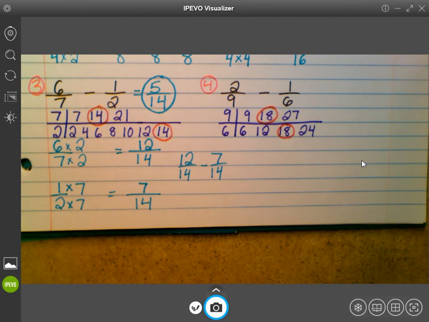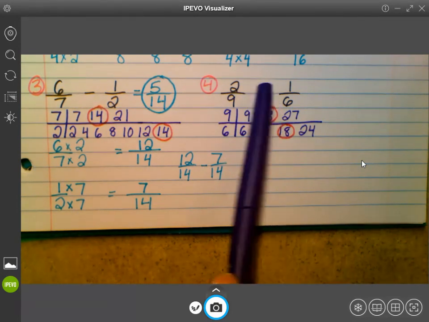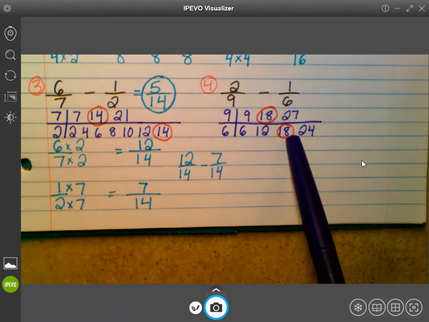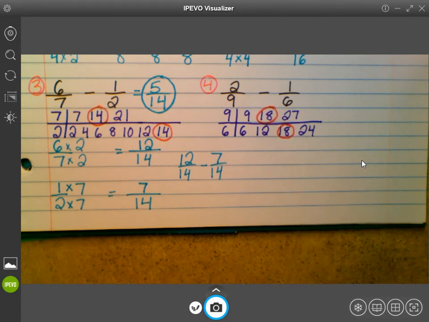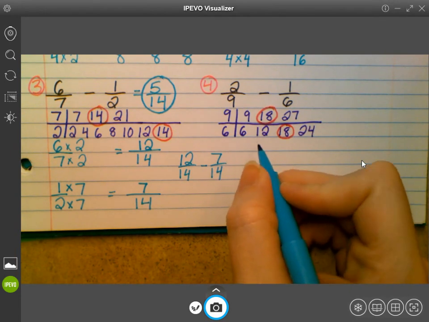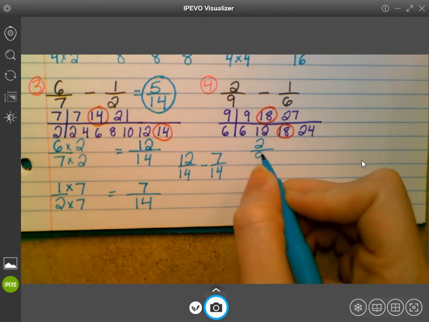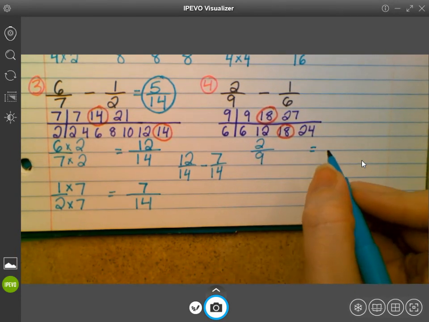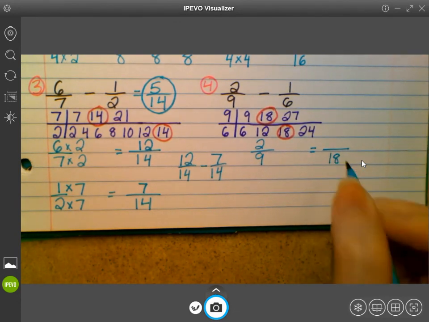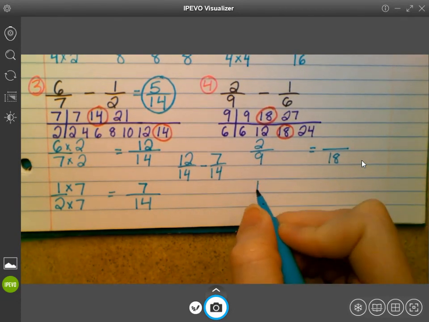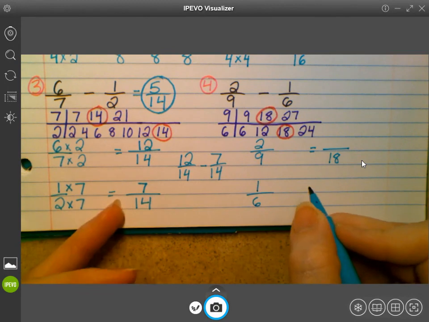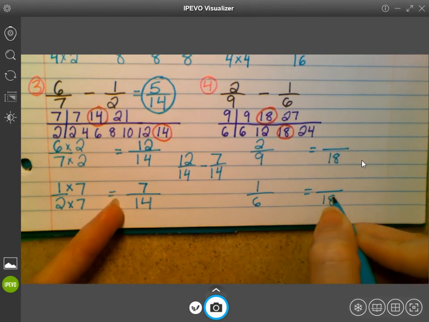Awesome. Now, 5th grade, do either of my fractions already have 18 as a denominator? No. I need to convert both of them, just like we did for number 3. So I'm going to set it up. So 2 9ths equals something over 18. And then 1/6 equals something over 18.